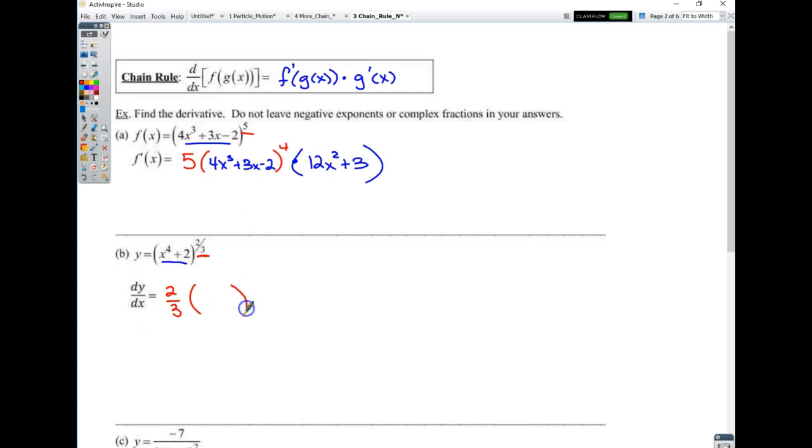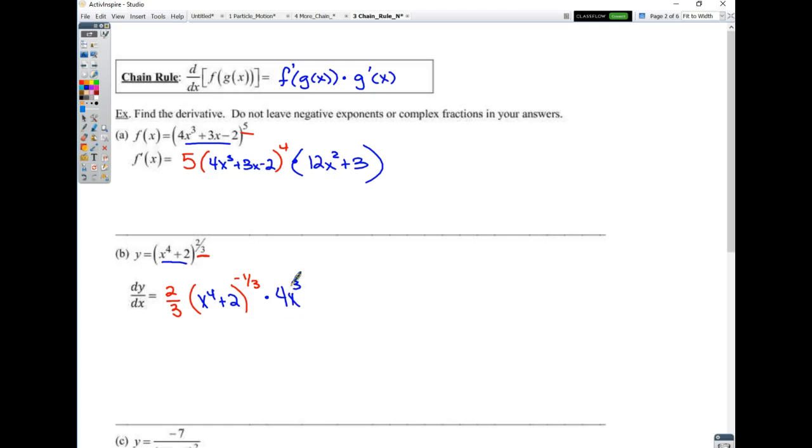So 2/3 times whatever I was multiplying, to the negative 1/3. We will get x to the 4th plus 2 here, because that's not going to change. We have to do one derivative rule at a time. And then we're going to multiply this by 4x to the 3rd.